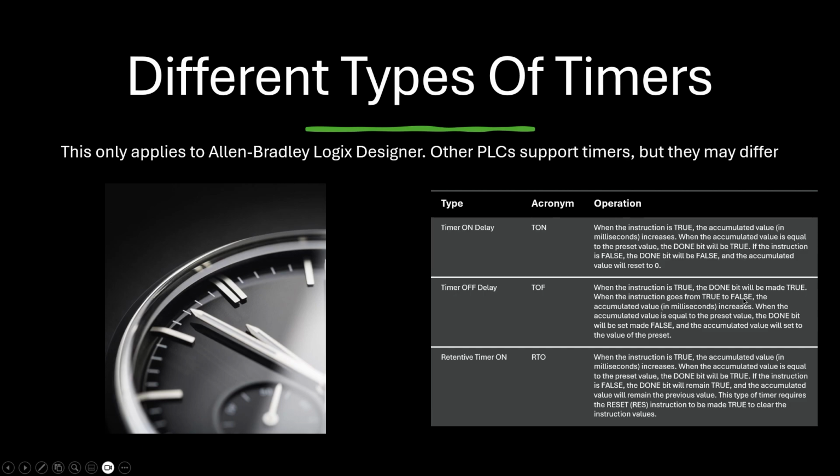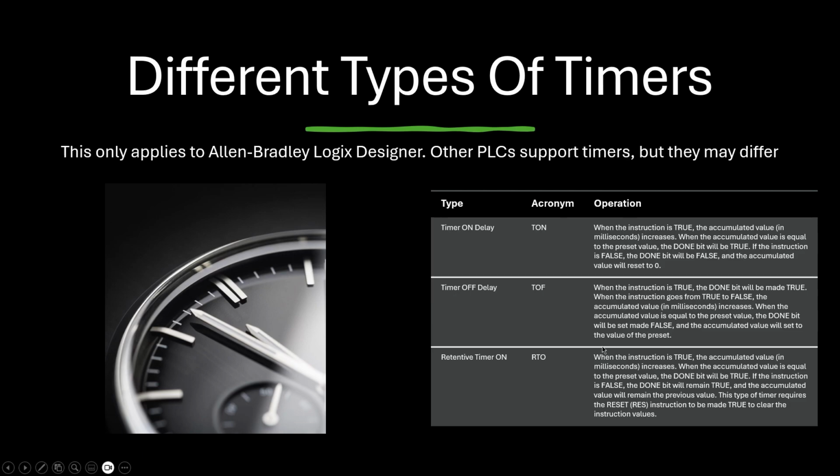When the rung becomes false, the done bit is still going to be true, but then the accumulated value or the elapsed time starts to increment up. When the accumulated value is greater than or equal to the preset value, then the done bit will be made false, and the accumulated value will remain the value of the preset.